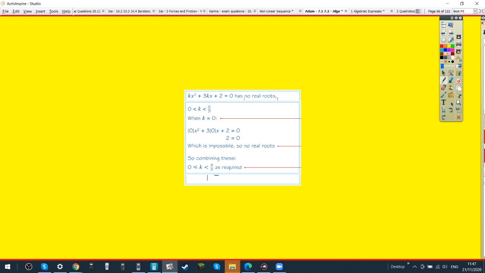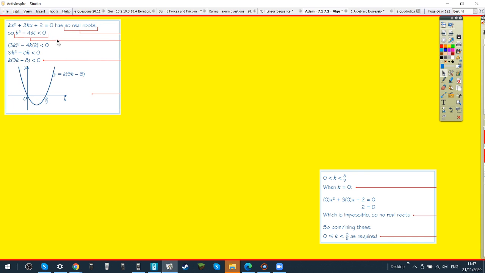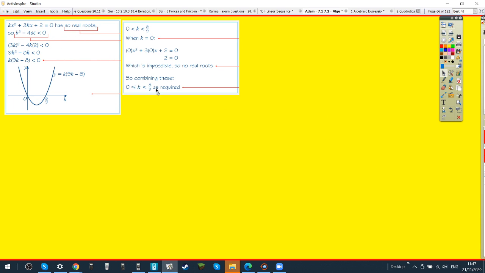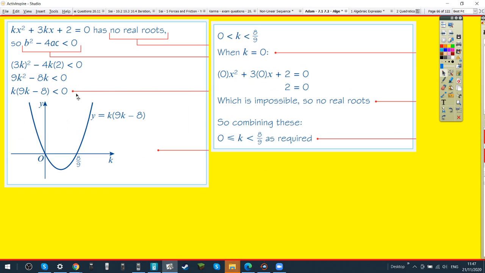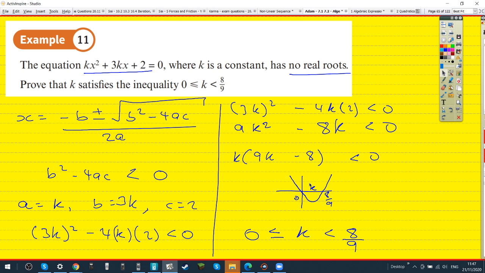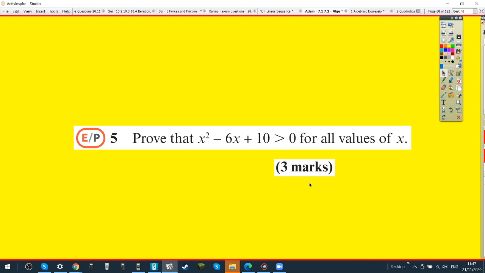I just don't know how much is necessary. So they sketched the graph to prove that question. If at that point you could just put it in the calculator. I'm not sure. Basically, no real roots means b squared minus 4ac is less than 0. Any questions there? Nope.